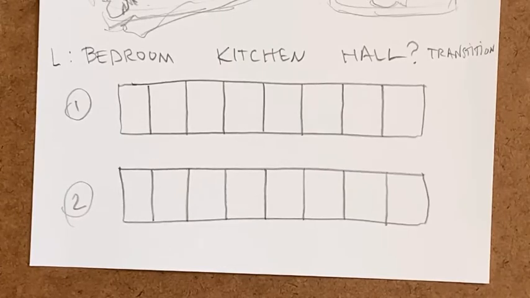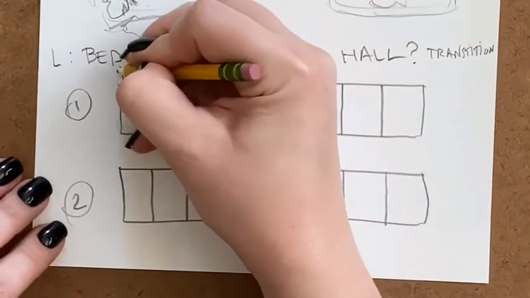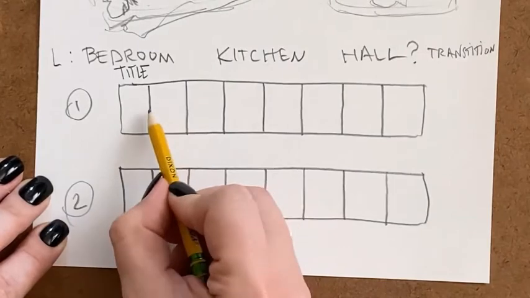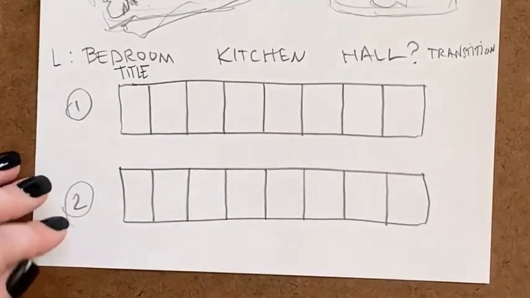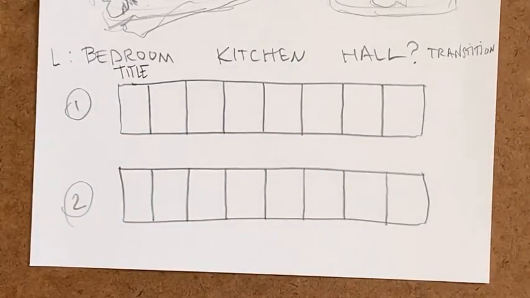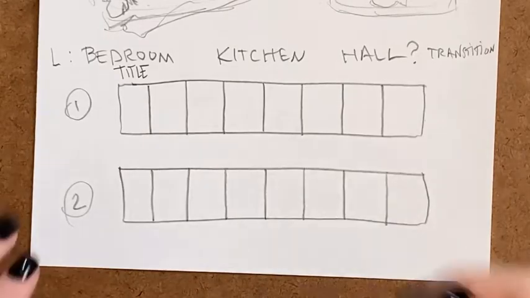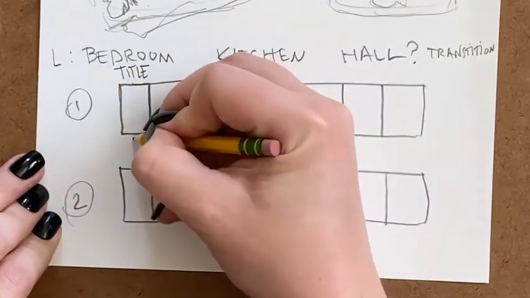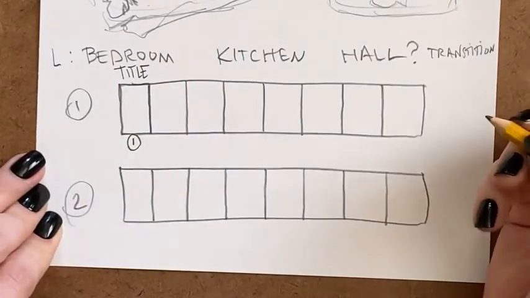So when we go to put our storyboard on our zines, we need to have a title page. And then you're going to have 7 panels to plan out across the book. So title page 1 is going to be a 1-page spread.